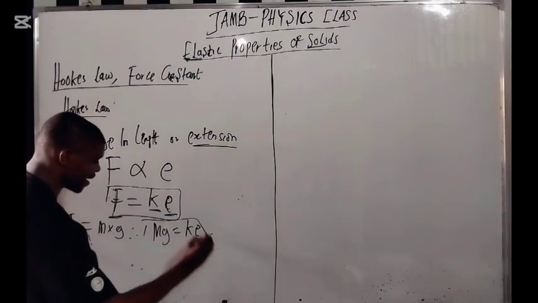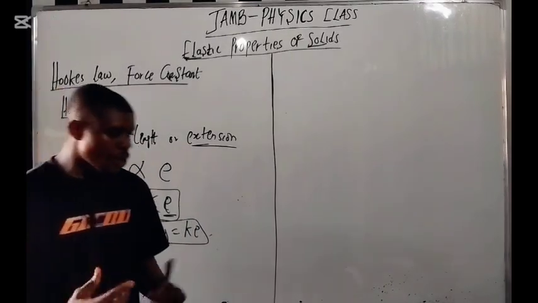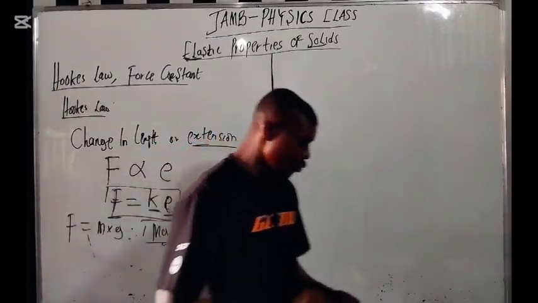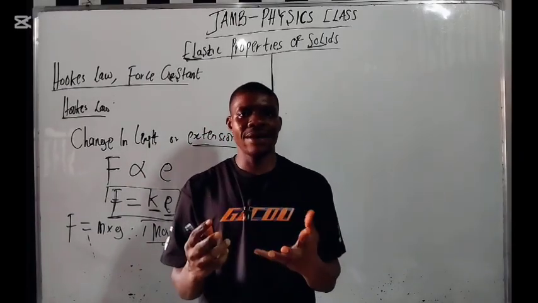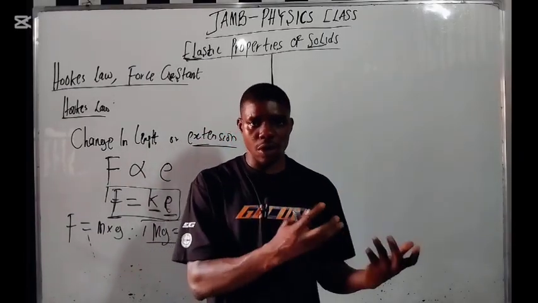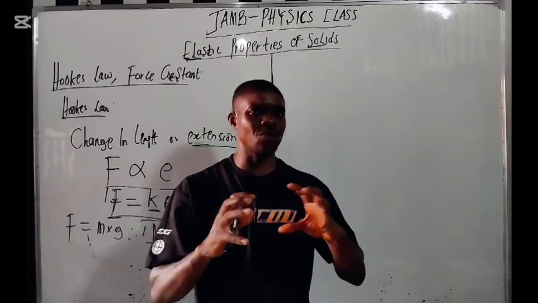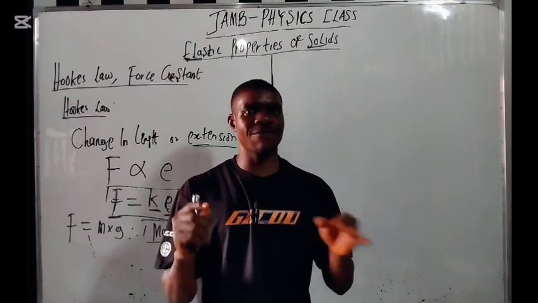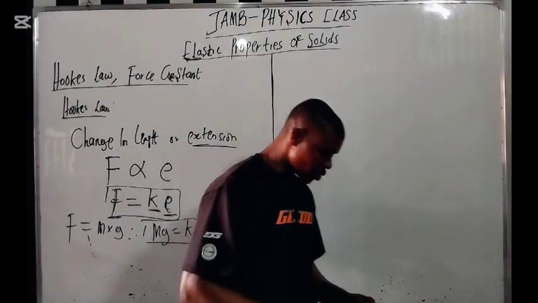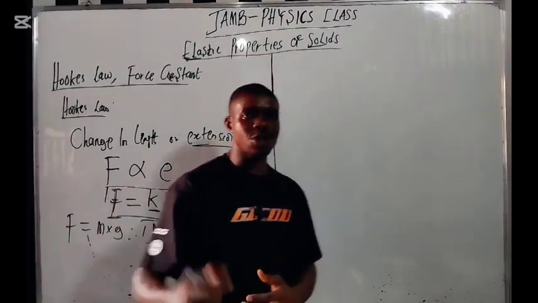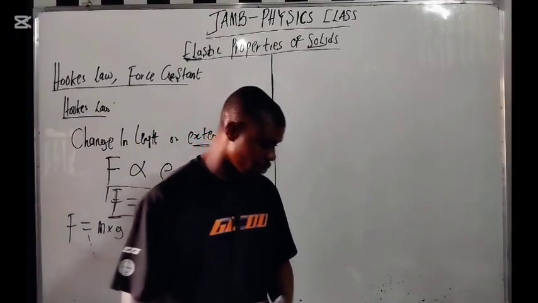Now, we want to derive other equations that will make solving Hooke's law questions easier for us. So we have to derive some specific formulas, shortcuts or alternative methods.